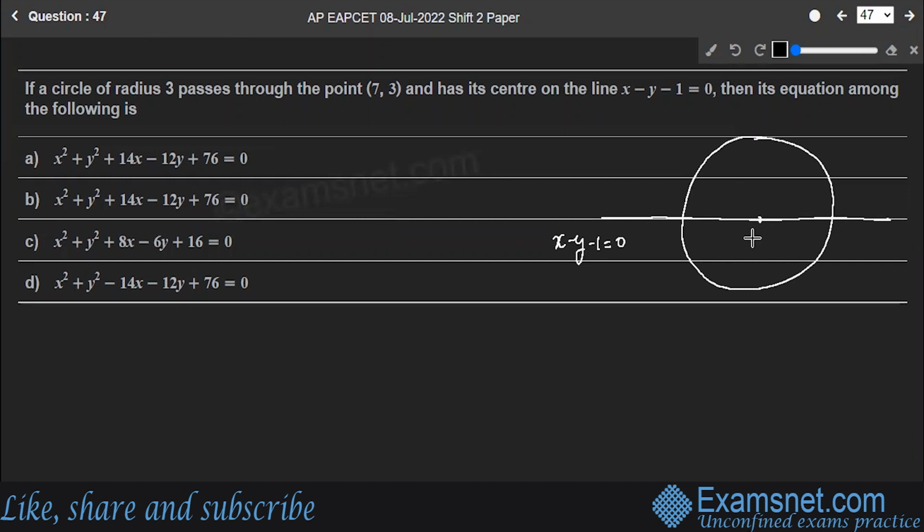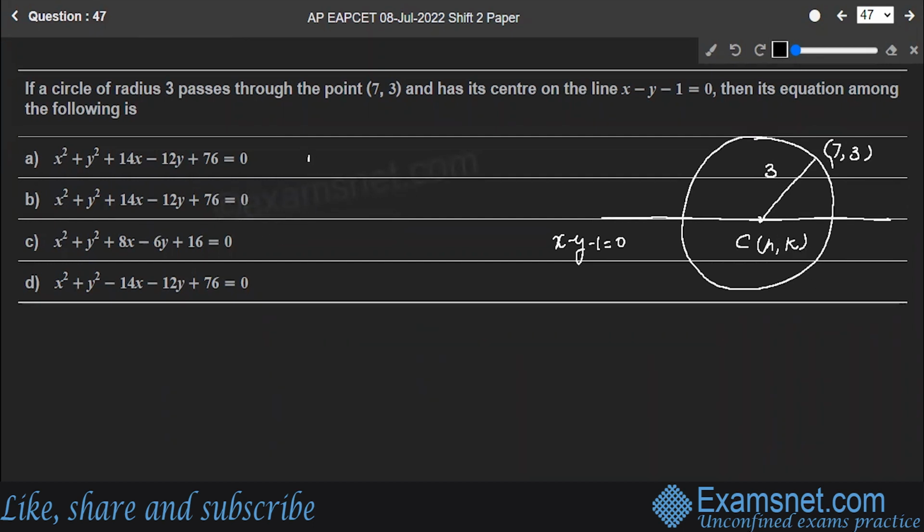This is the center of the circle, which is given by h comma k. And next, this is the radius. So it says it passes through the point 7 comma 3. So let this be point 7 comma 3. Hope you're clear with the figure.